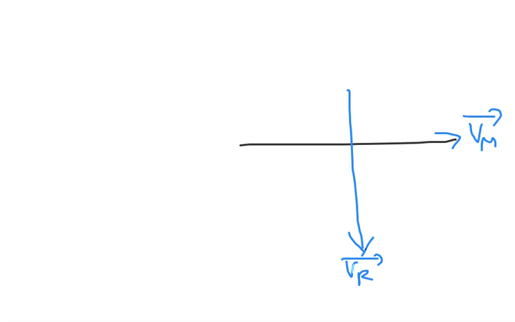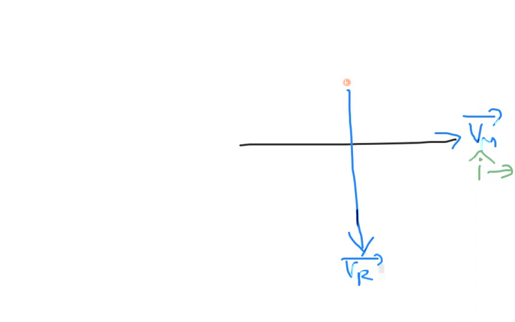This is not north or east, don't take it as east or west or north. The direction in which the man is moving I write as i cap, like an x-axis. This one I take like a y-axis. Some people will say rain is falling from up to down, so up is positive, down is negative. So up means k cap, the z axis. That is our wish.